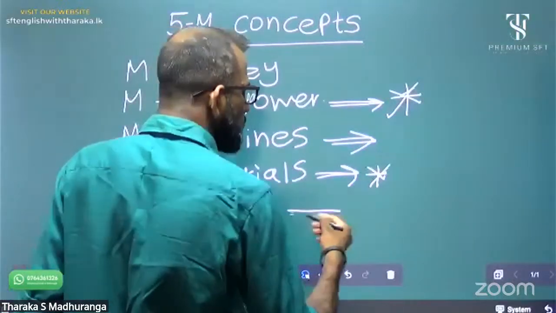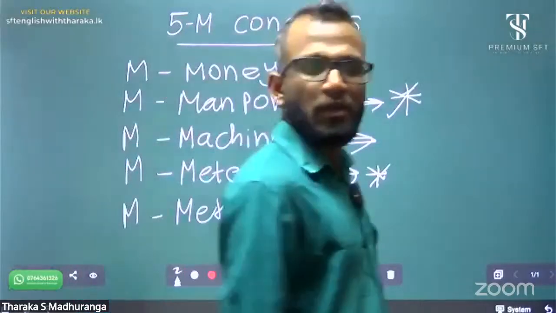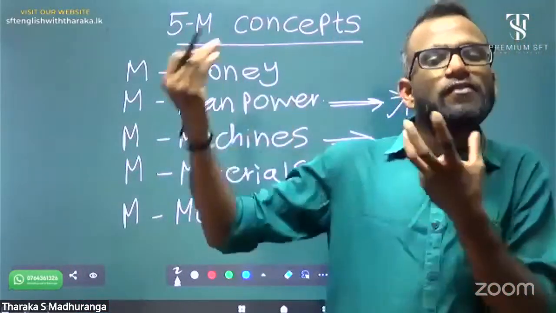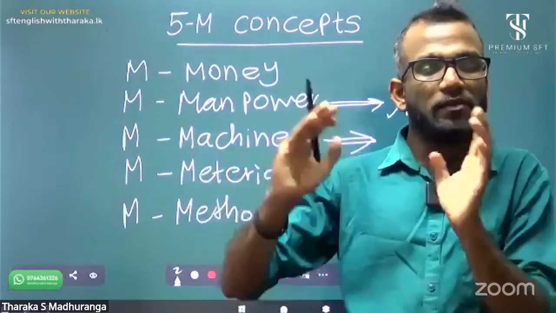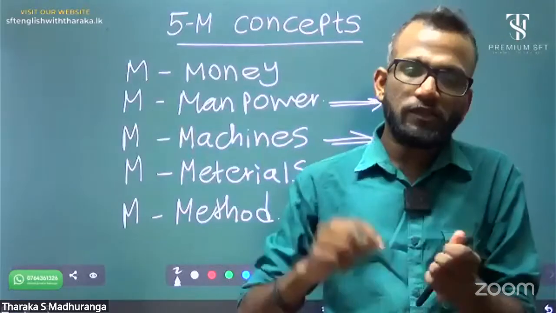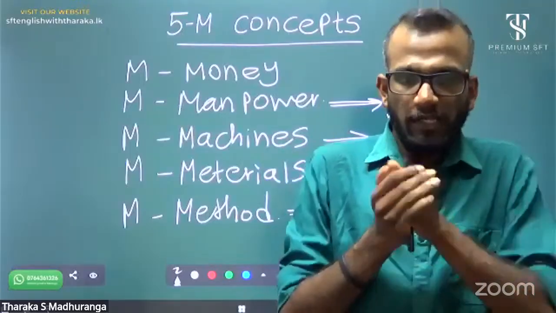Okay, methods. How can you select the most suitable method for a chemical industry? We can have more than one suitable method. Analyzing all these methods, we have to select the most suitable method for your chemical industry.